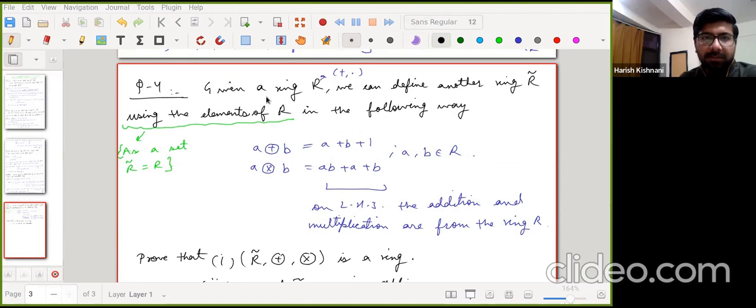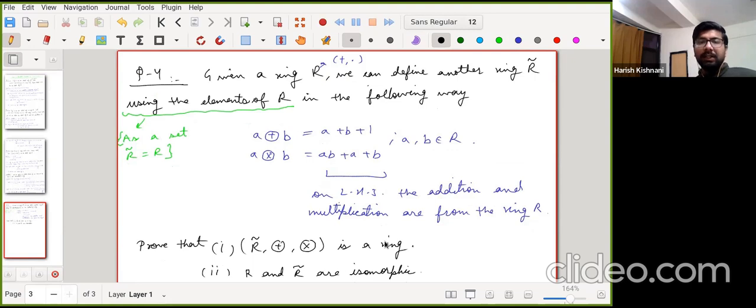Maybe you can just look at question one so that you understand what is happening. We already have a ring with some addition and multiplication. Then using that ring, we are defining another ring with an entirely different notion of addition and multiplication.